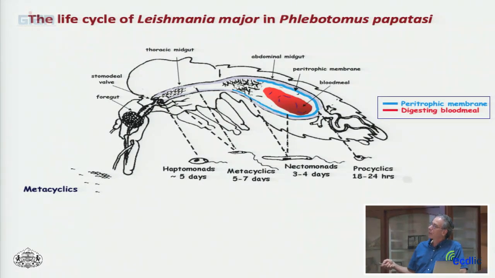And then after a week or 10 days, if this fly is allowed to take another blood meal, the parasites that are in this anterior region of the gut will be transmitted, which is interesting because, again, these parasites have not colonized the saliva, so they're not injected into the skin when the fly salivates.